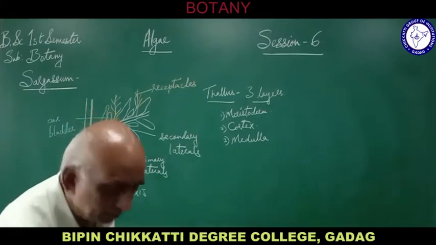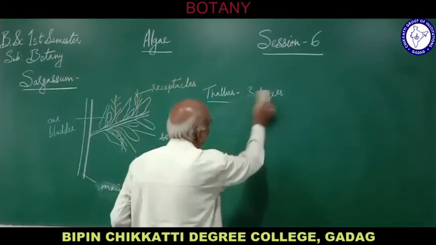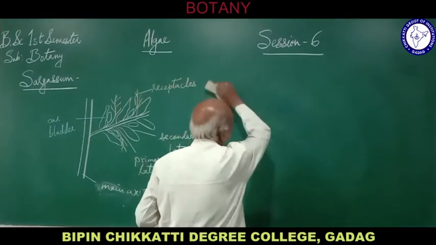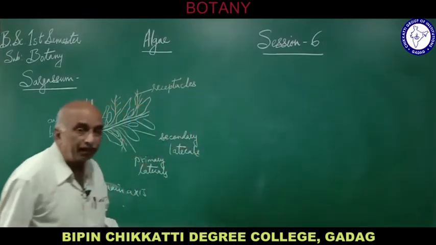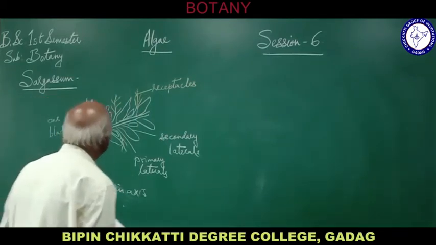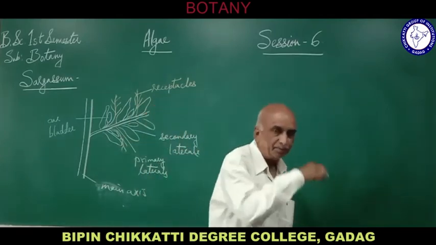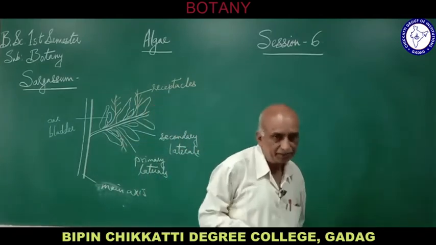Then if you come to the reproduction of Sargassum, how does Sargassum undergo reproduction? So Sargassum is a brown algae. It reproduces by vegetative method as well as sexual method.